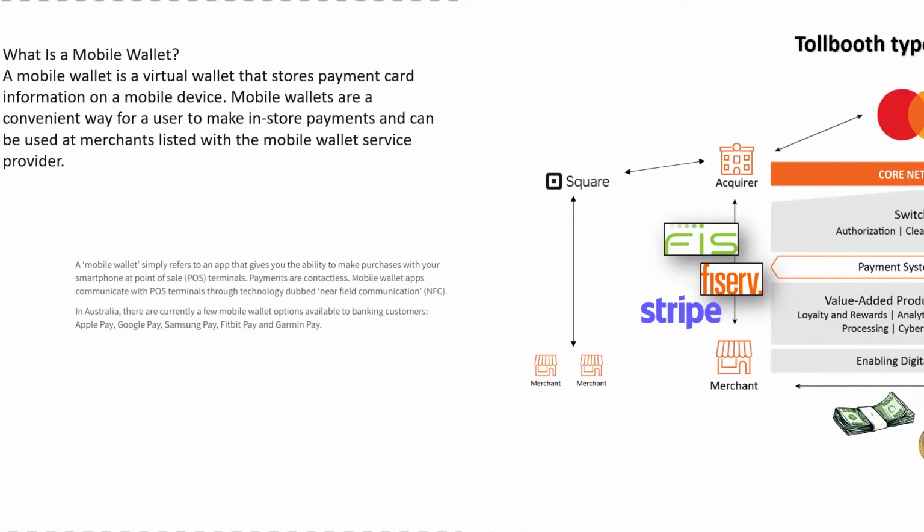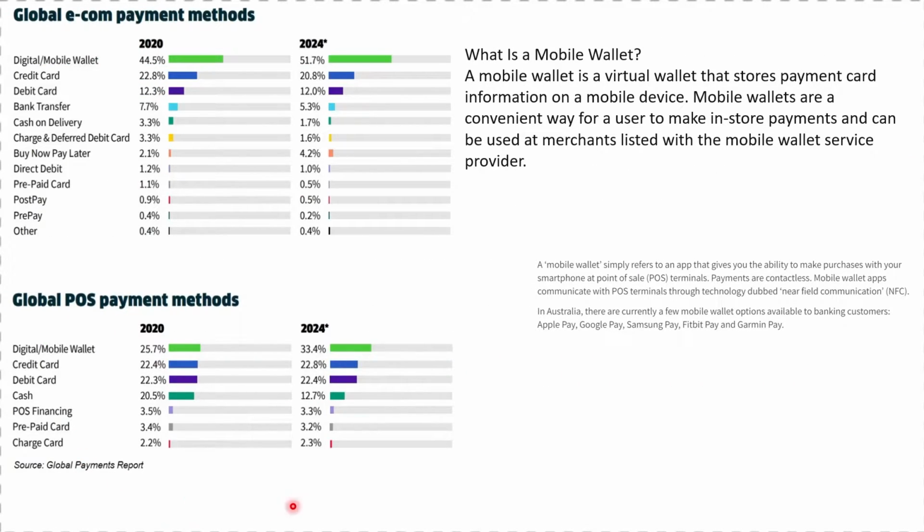If we see here from this global payments report, in 2020, when you were paying online, cash on delivery was 3% of the transactions, and they expect it to be 1.7%. In payments at the physical point of sale, cash was 20% in 2020, and they expect it to be only 12.7% in 2024.